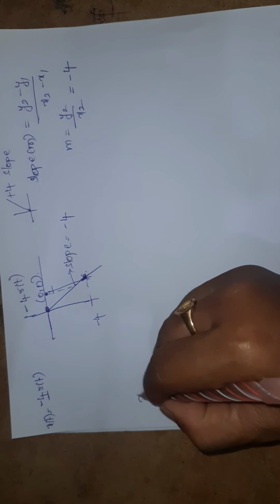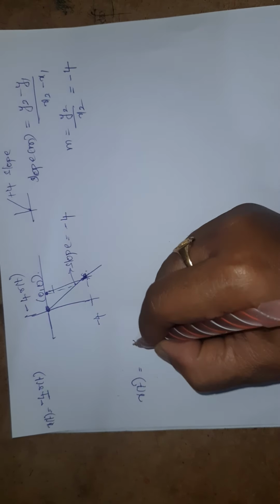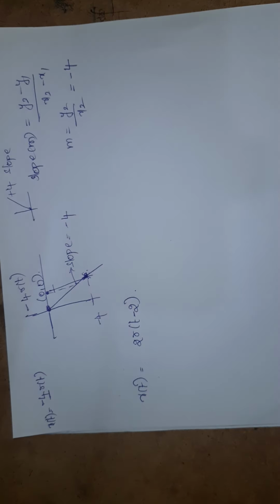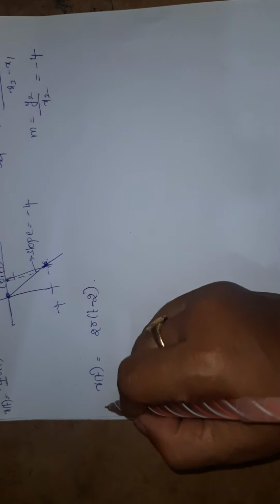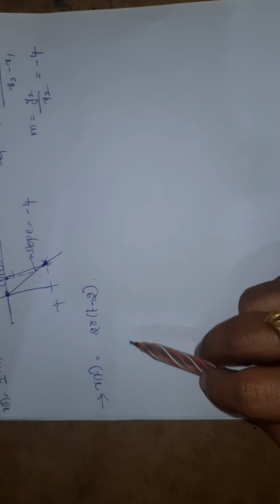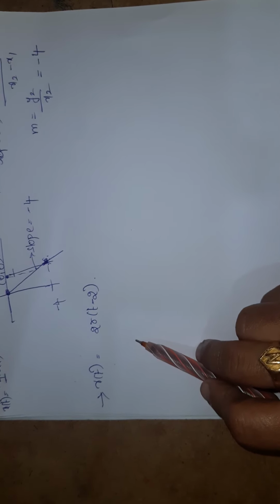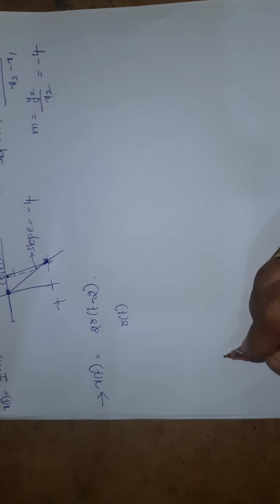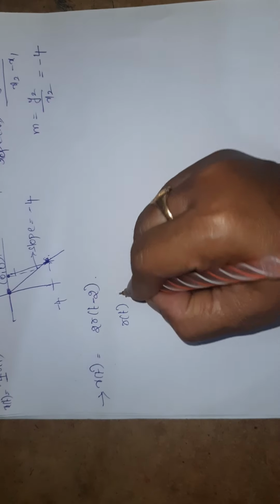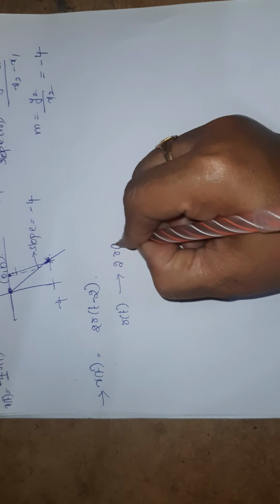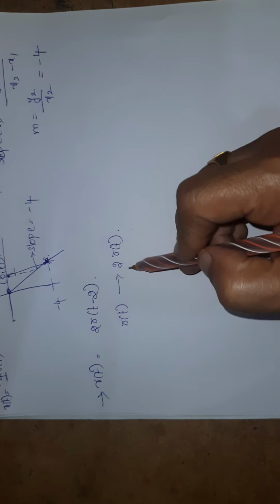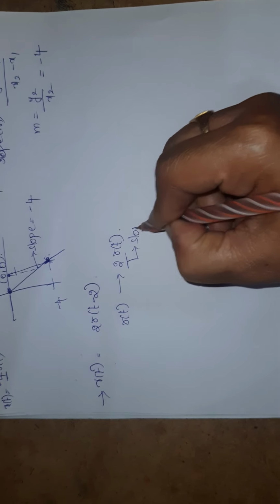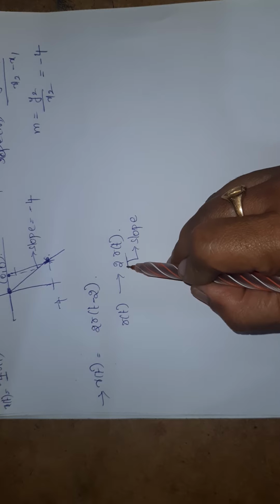Next problem, x of t is equal to 2 into r of t minus 2. So how to draw this diagram? This can be obtained by drawing first a ramp signal r of t. Next you have to draw 2 into r of t. 2 into r of t means it is having a slope equal to plus 2.